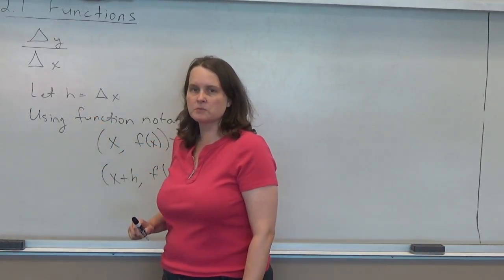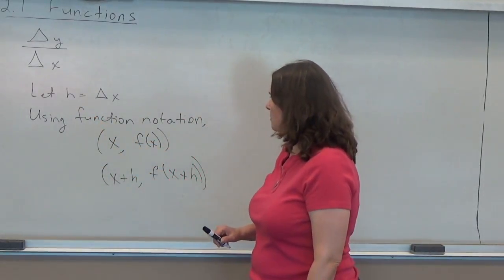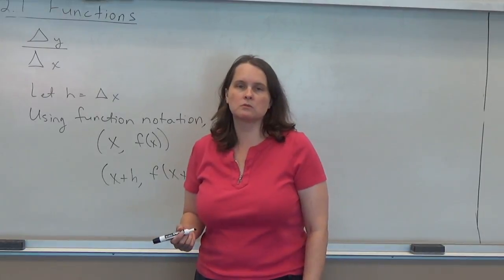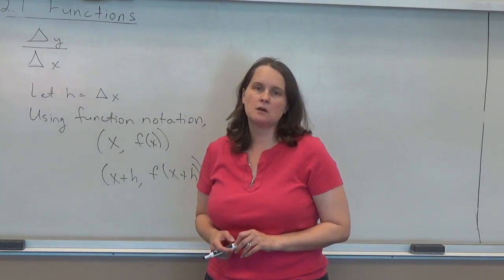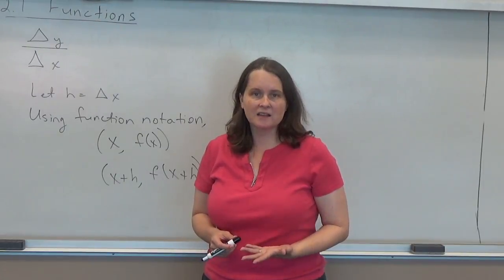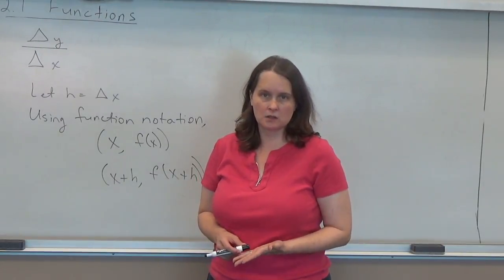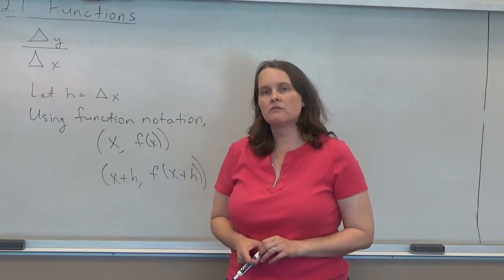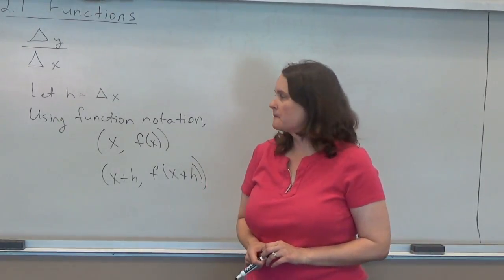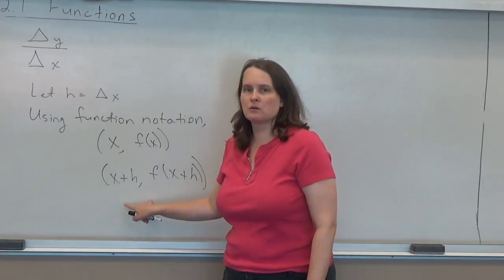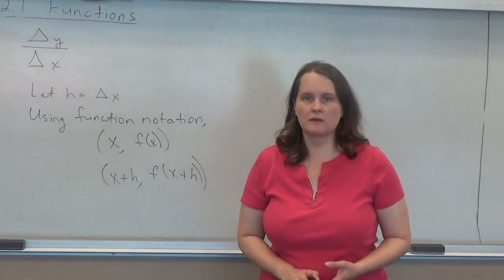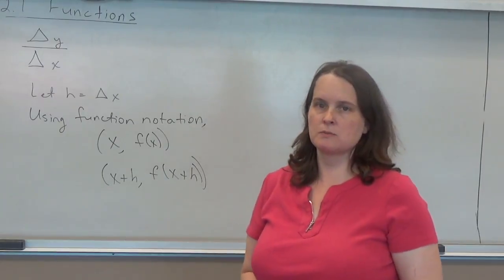We're also going to want to leave the xy notation and go to function notation. So if we replace the y's from basically our slope formula with function notation f of x, it brings us to these two ordered pairs. This is what's been graphed in your notes in the figure that I've drawn for you. It can also be found in the textbook.